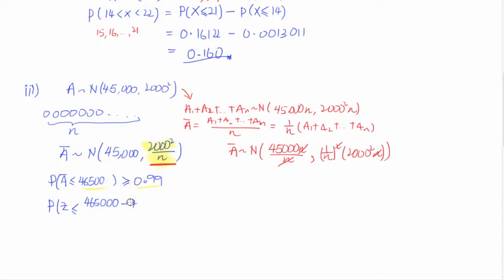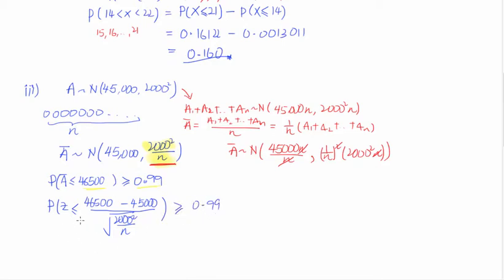Let me erase this 0 away. Otherwise, of course, we get the wrong answer, right? So, 46,500 minus away 45,000 divided by the square root of 2,000 squared over n. This is how we standardize, and it's 0.99.